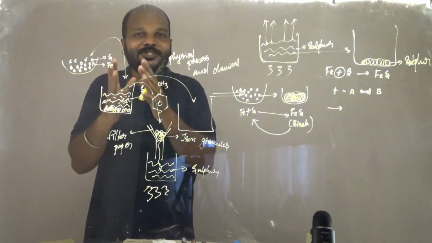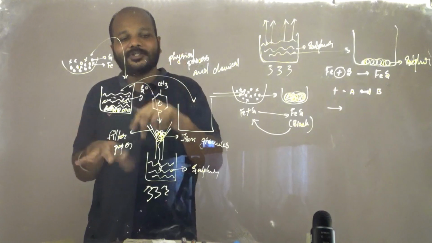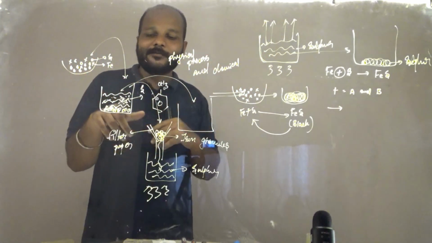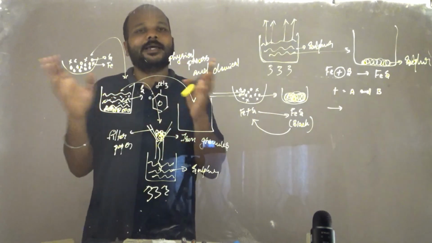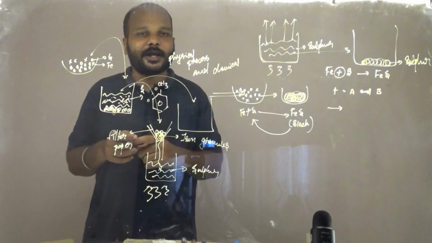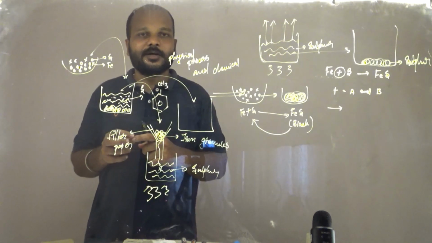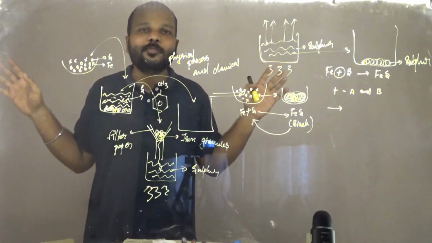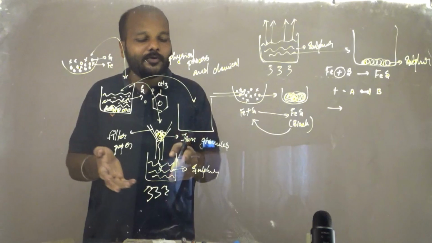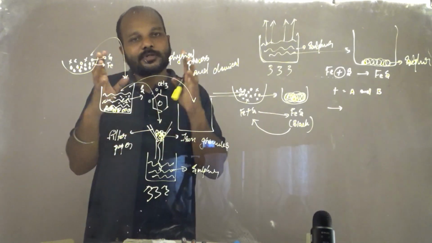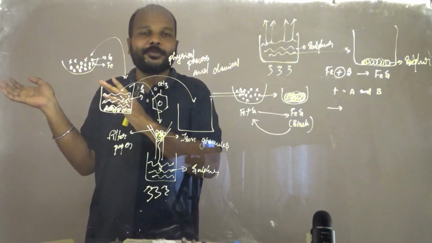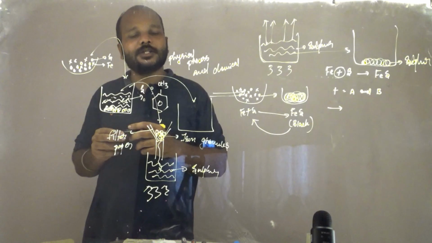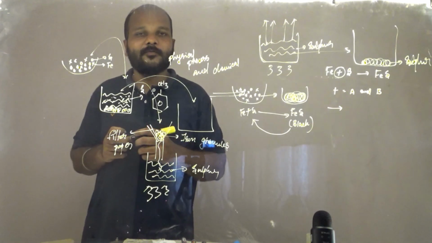See here, this is a physical process. I just added methyl benzene, which is a solvent, and it dissolved sulfur, so I can easily separate the iron granules from the sulfur. This is a physical process, because no new product is formed. You still have iron granules and sulfur, the same substances as before. In a chemical process, a new product forms. In a physical process, no new products form.